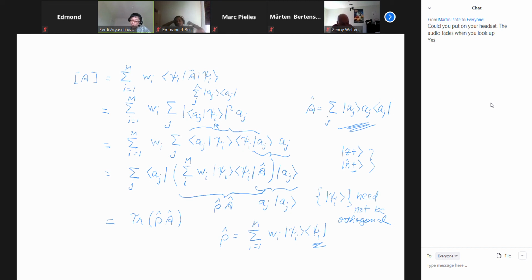So that is an important point about this density operator, that the states which constitute the density operator need not be orthogonal. They can be any states defined in the Hilbert space of the system. And the number m here, the number of possible states, can be anything. It has nothing to do with the size of the Hilbert space.